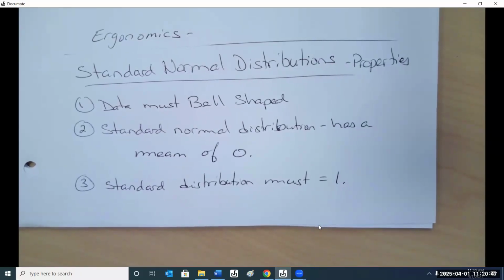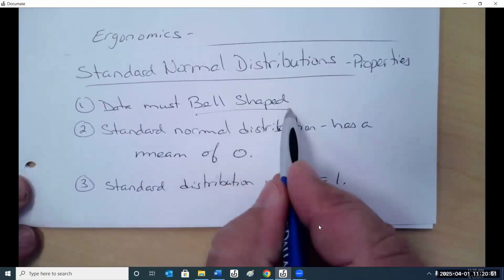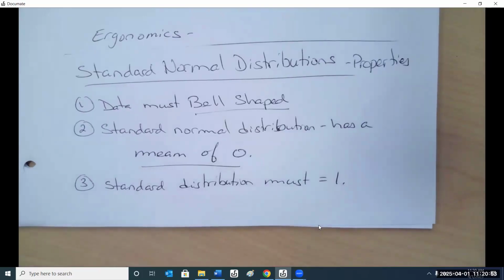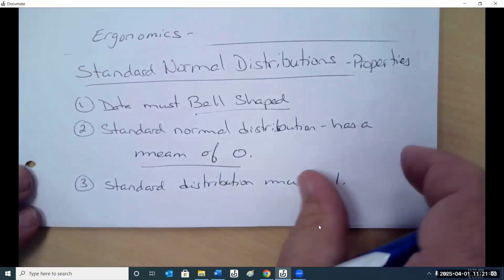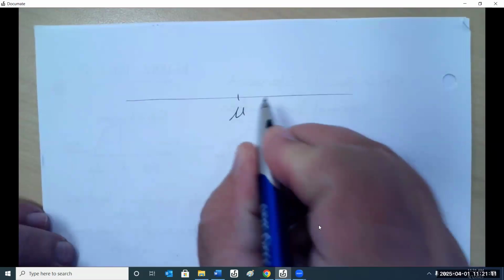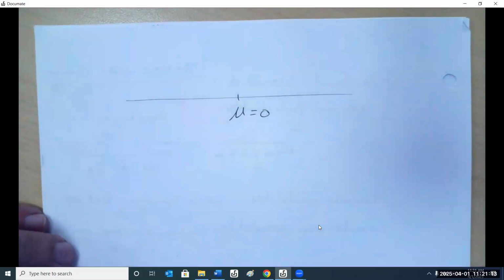Basically, what this is telling us is that it has to be bell-shaped, and the mean has to be 0. So what is that going to tell us if the mean is 0? What do we know about our data?